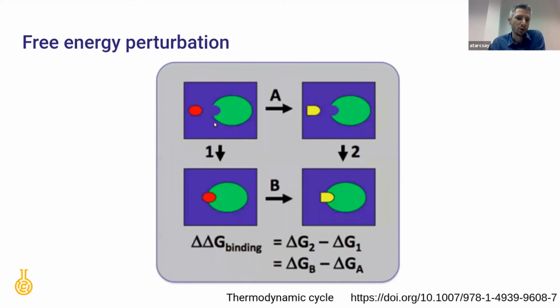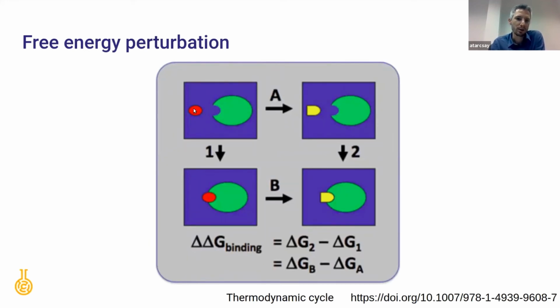Free energy perturbation will predict the delta G binding, so the energy change. You need a ligand where you know the binding affinity, and you are interested in a change of that ligand. How will that affect the binding affinity?